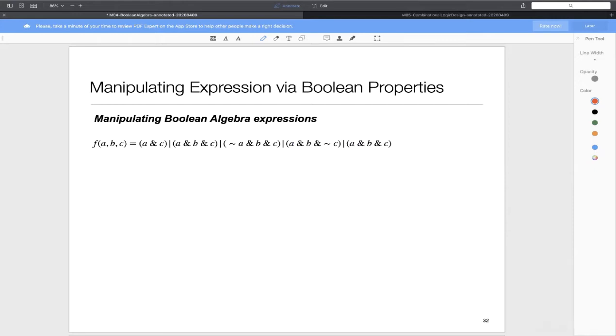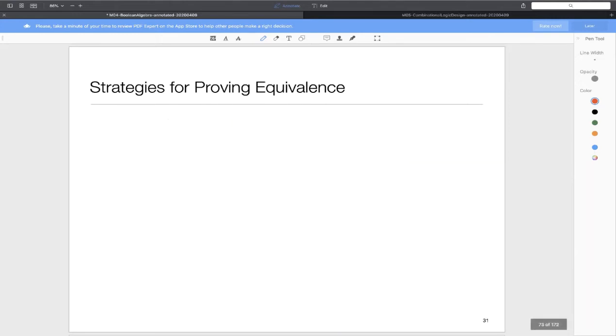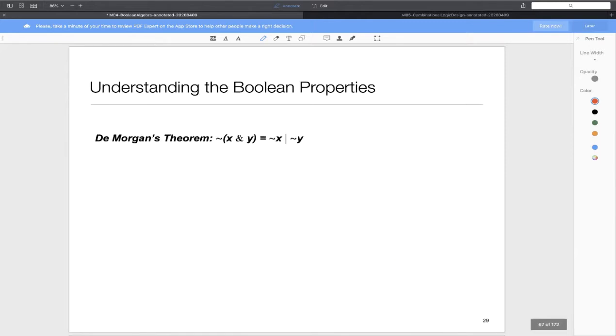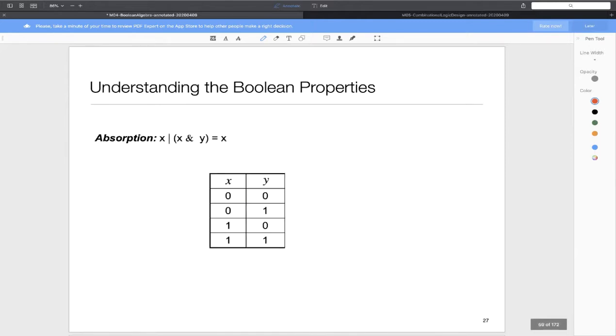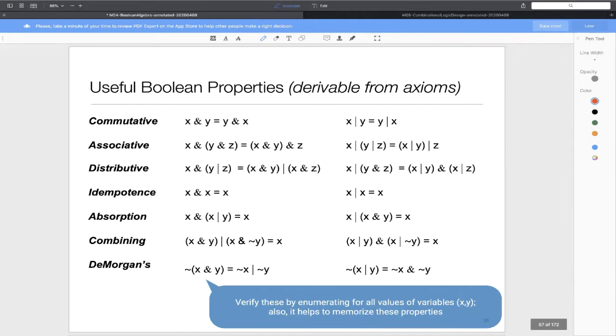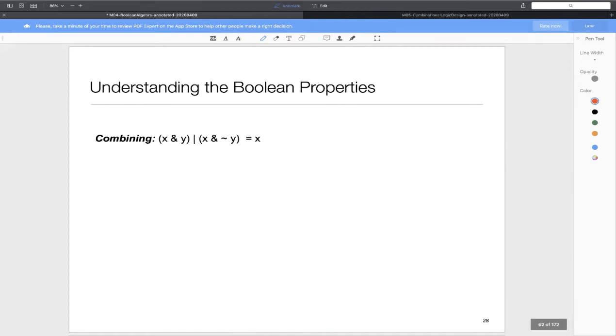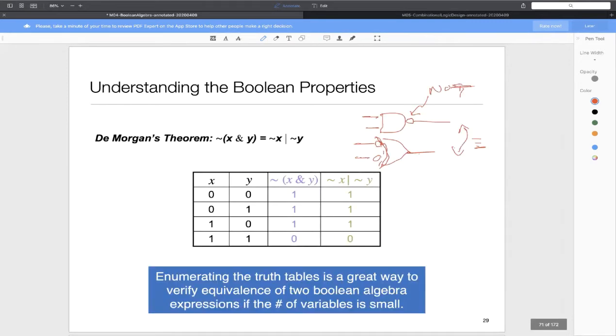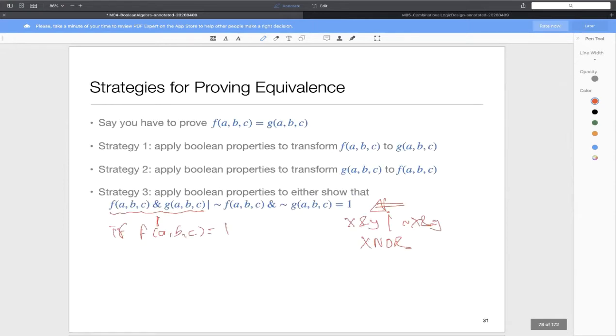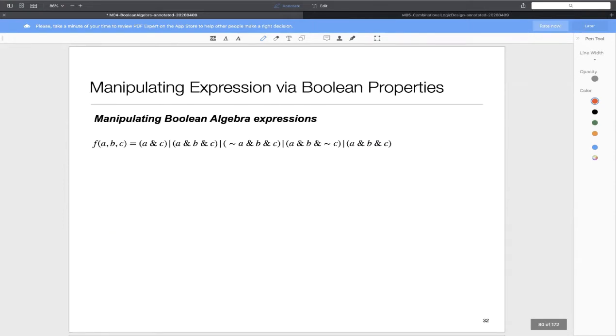I'm going to make sure that these properties that we talked about here, you can show them. But I'm going to show you a different, more complicated example to see how we do it. It's very similar to how you might do it in regular algebra. So let's say I give you this expression.